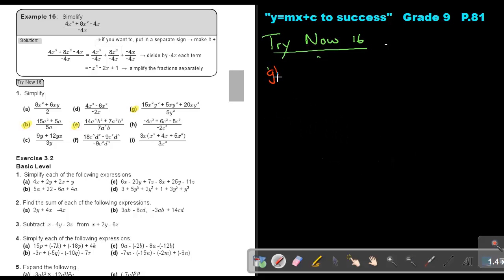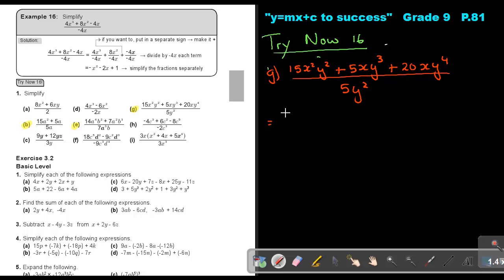Okay, there's number G. So it's 15x squared y squared plus 5xy^3 plus 20xy^4, and it's all over 5y squared.